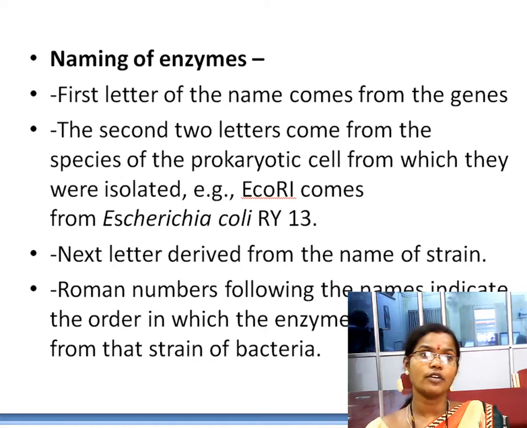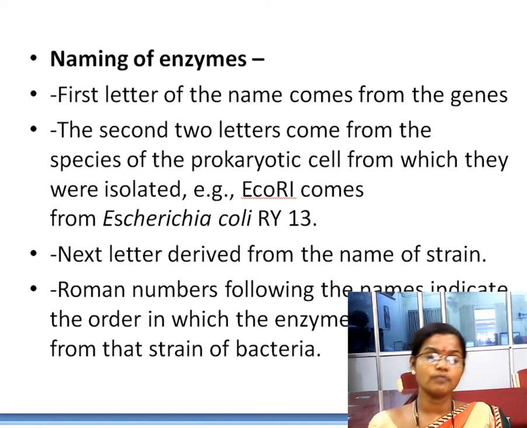For example, E. coli bacteria alone gives 25 enzymes, so they are named EcoL1, EcoL2, EcoL3, up to EcoL25. Like that, Roman numerals are indicated for each specific strain of the bacteria.